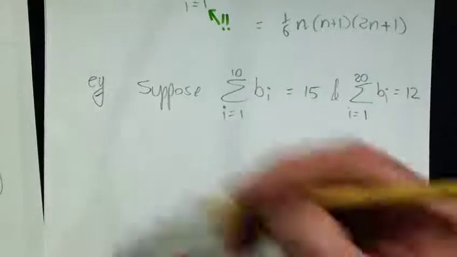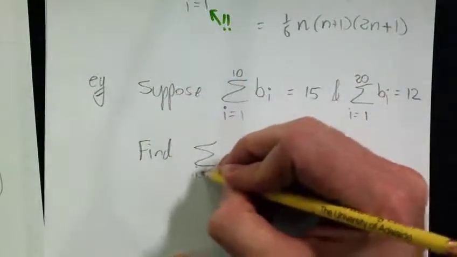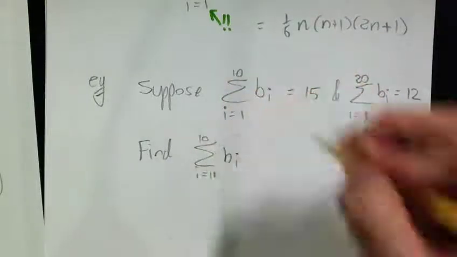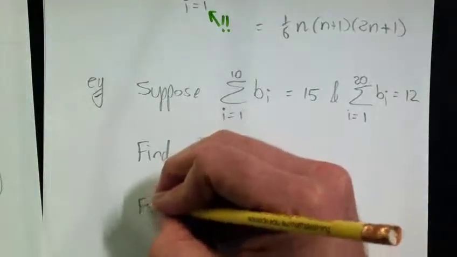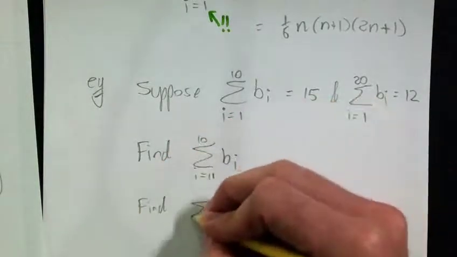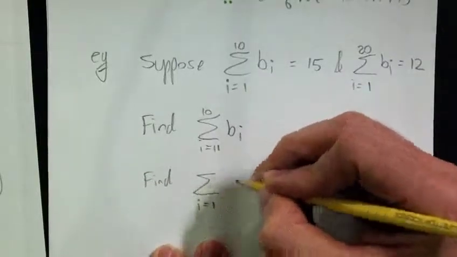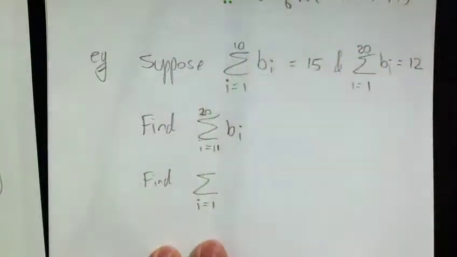So let's do some finding. Find the sum from 11 to 10 of b_i. That's one thing that we can do based on that. Sorry? 11 to 20, thank you. 11 to 10 doesn't make the slightest bit of sense.